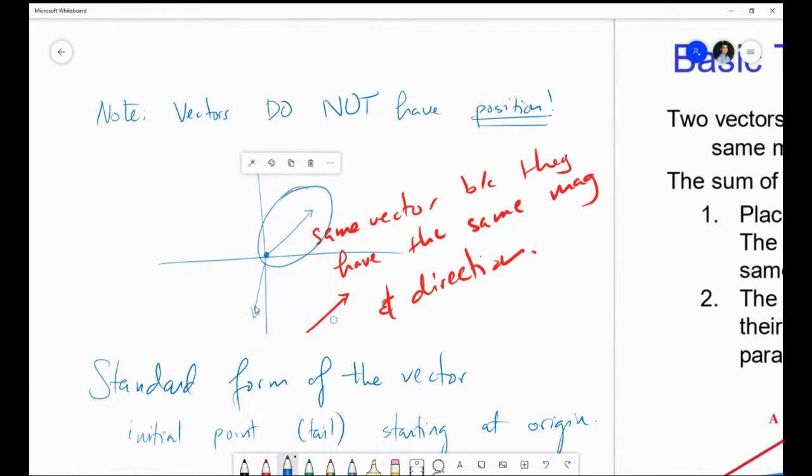Now it's in standard position. Once it's in standard position, we can determine the angle of the vector and also the magnitude of that vector, to see how long it actually is, by just using the Pythagorean theorem, because you can see here it creates a right triangle.